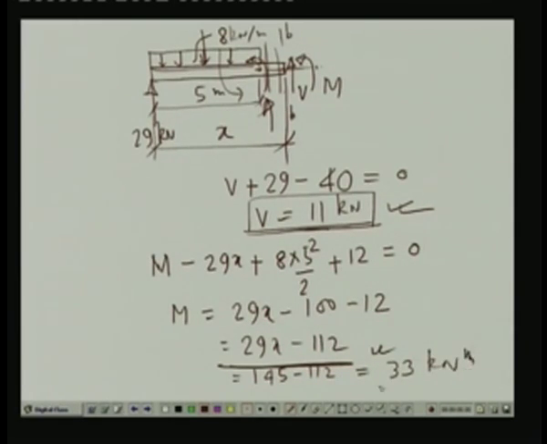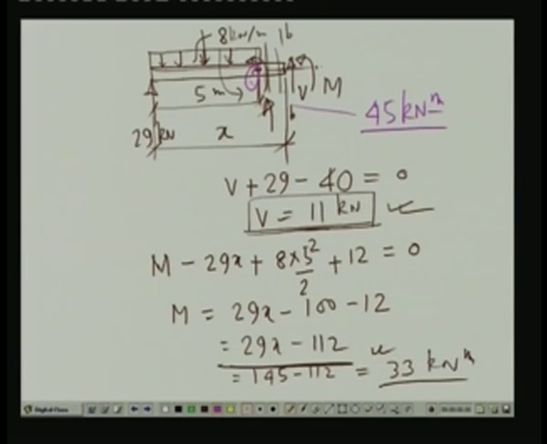Now, on the left hand side, which we had calculated from the previous expression, we had obtained that the bending moment at this point was 45 kilonewton meter.